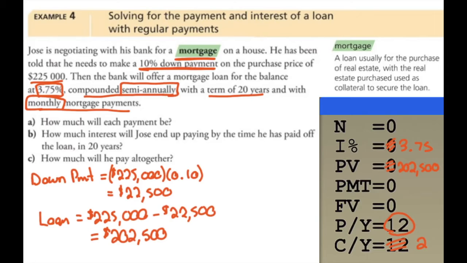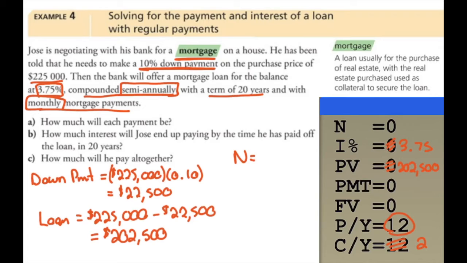N is the other thing that we have been given but not explicitly. N in this calculator app is the total number of payments to be made. We're not making 20 payments. We're not making 12 payments. We are making 12 payments every year for 20 years.